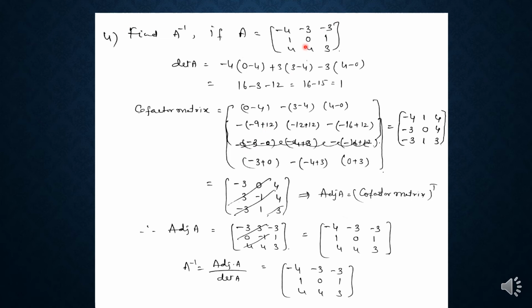And coming to this element, by deleting this column and this row, we will get -4 into 3 -12, minus of -12, that is +12. And here the cofactor of this element gets minus sign, minus of, by deleting this column and row, we will get -4 into 4 -16, minus of -12, that is +12.